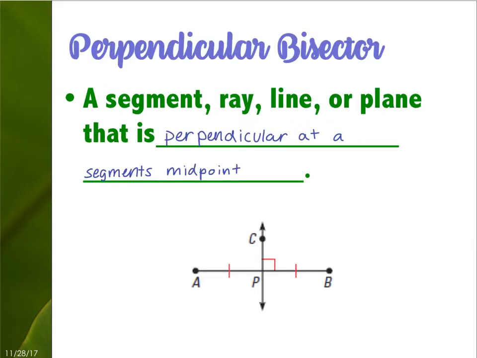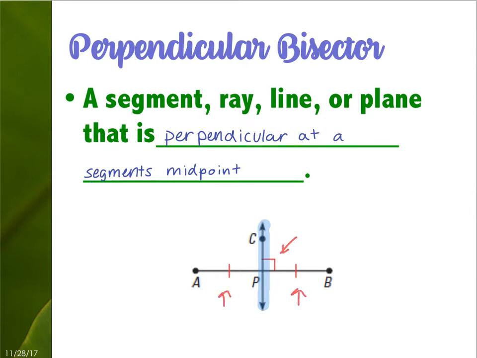A segment, ray, line, or plane that is perpendicular at a segment's midpoint is the perpendicular bisector. So here we have line CP that is the perpendicular bisector of AB because it cuts it perpendicularly, so it's perpendicular here, and it cuts it into two equal parts.